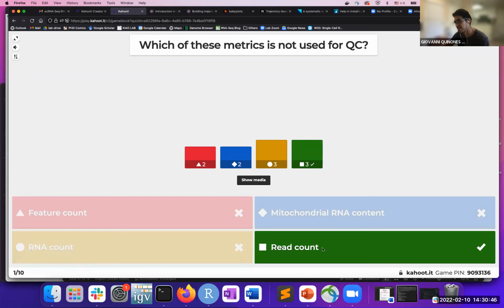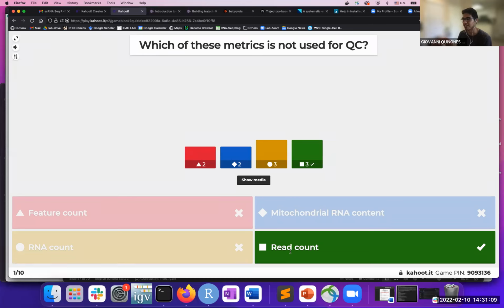And read count is definitely something that's not being used. Like I mentioned before, people would prefer RNA count over read count. This is because you can have multiple reads with the same UMI, right? So these are many reads, but it's only one molecule.